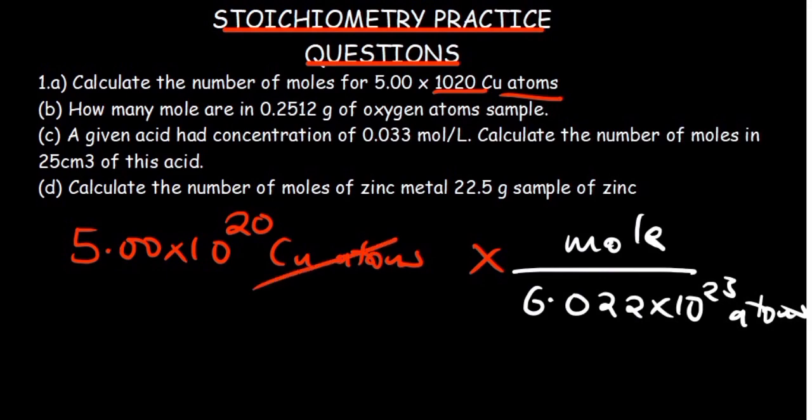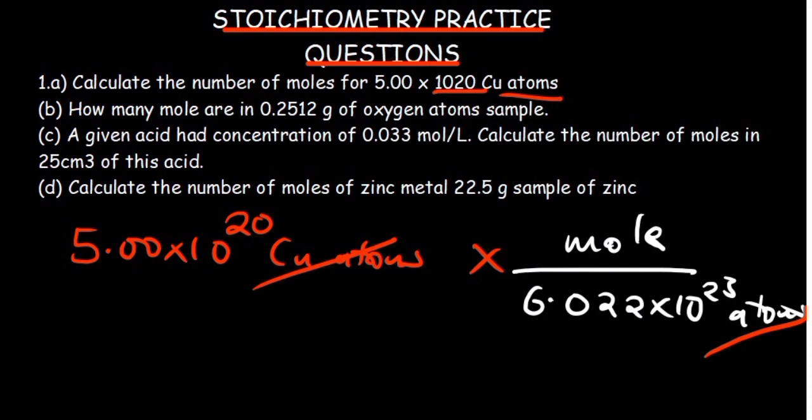Now the atoms here will cancel out. Then we have 5 by 10 to the power 20 being divided by Avogadro's constant. What are you getting after doing your calculations?